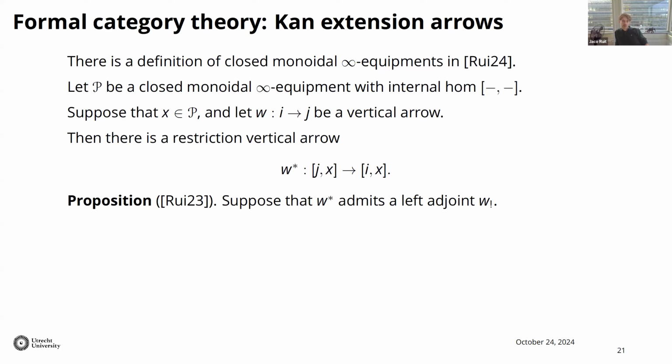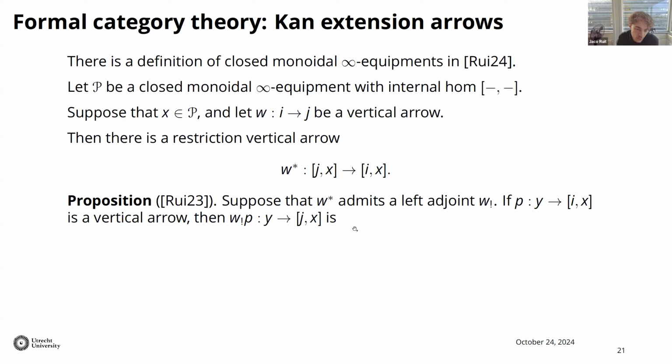So you have the following proposition. If W upper star has a left adjoint W shriek, then this W shriek goes from the internal hom (I, X) to (J, X). You can ask what this W shriek does on generalized elements. Whenever you have an arrow P from I to this internal hom, then you can look at the composite where you compose this P with the left adjoint of W upper star.